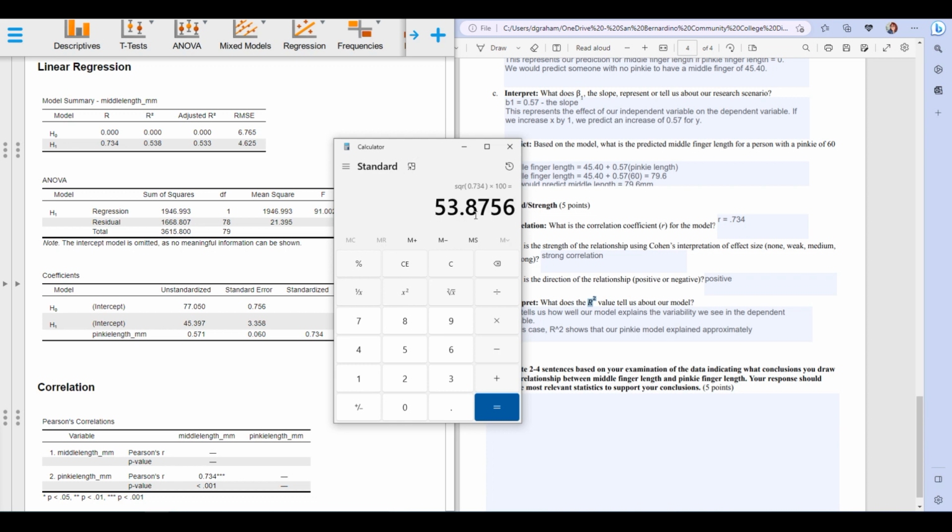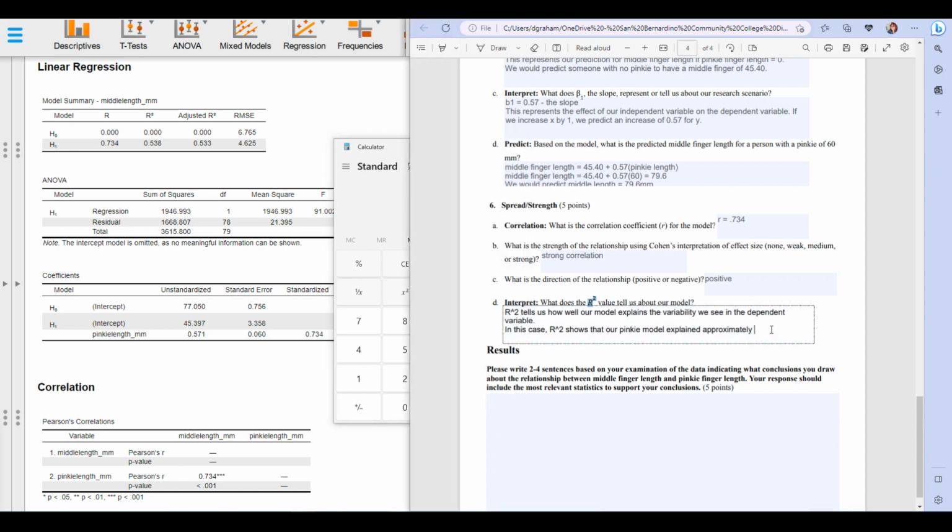So 53.8%. So it accounts for approximately 53.8% of the variation we see in middle finger lengths.